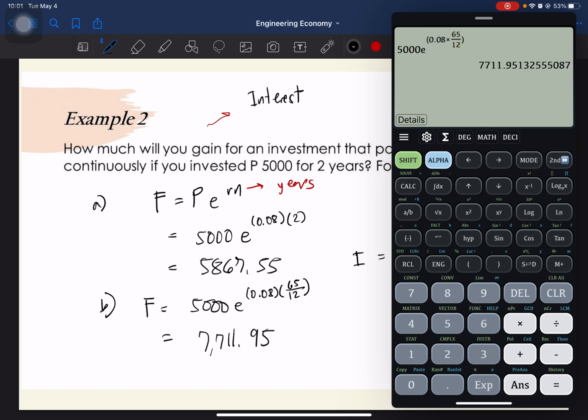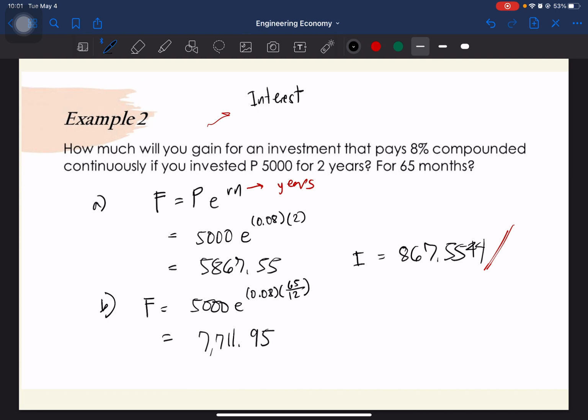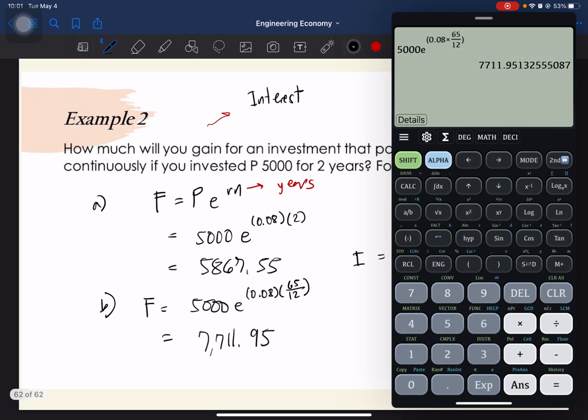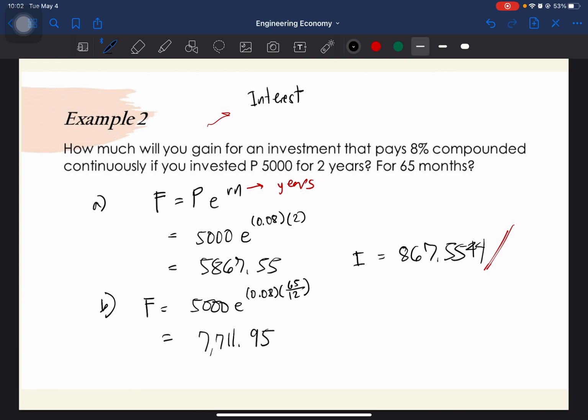Tama nga. May trust issue sa calculator. Anyway, ayun sagot natin, 7,711.9513. O anyway, ang interest natin ay ito, 2,711.9513.